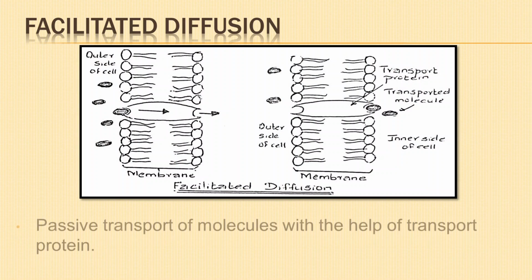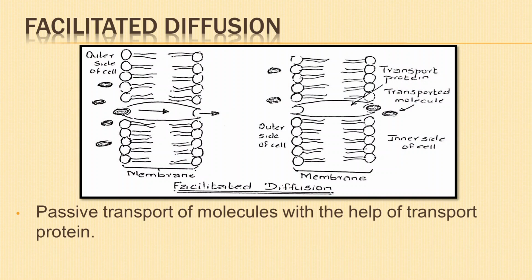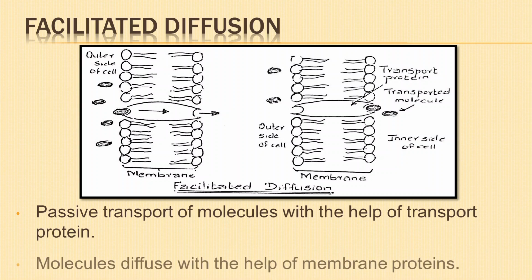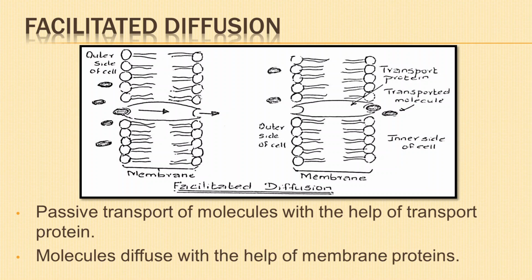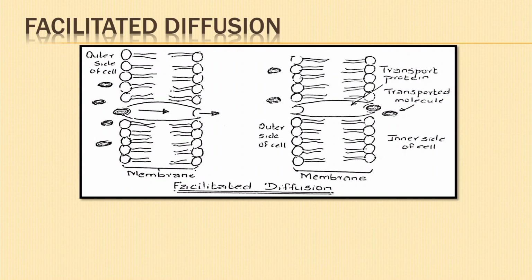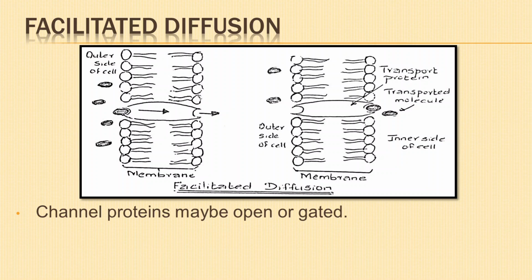Facilitated diffusion. It is the process of spontaneous passive transport of molecules or ions that move down their concentration gradient with the help of transport proteins. Molecules diffuse across the cell membrane with the help of membrane proteins such as channels and carriers. Some channel proteins are open all the time, but others are gated.